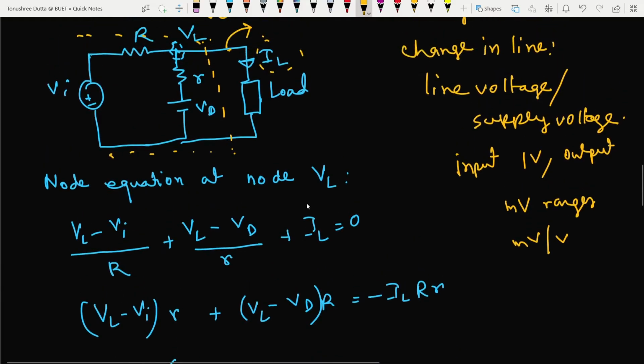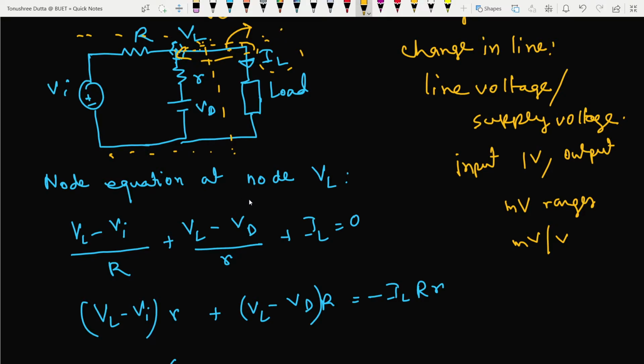First, very simple, we write the node equation at the node VL, because this VL is my output and this is actually the same node. So this VL is actually my V output.